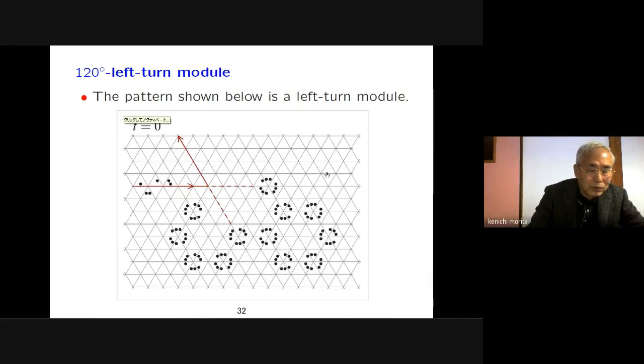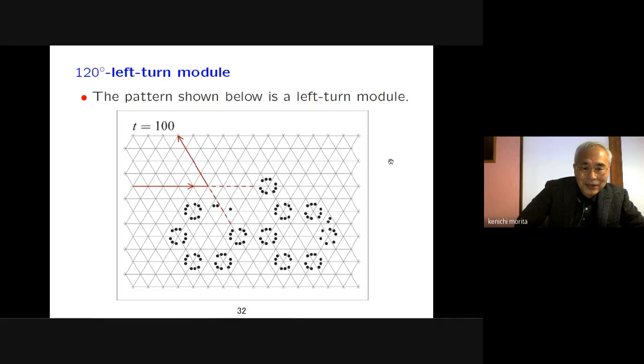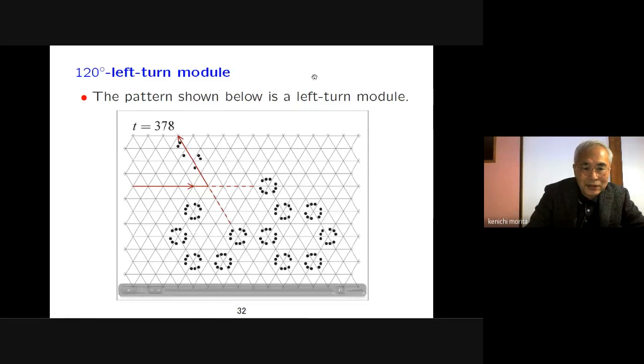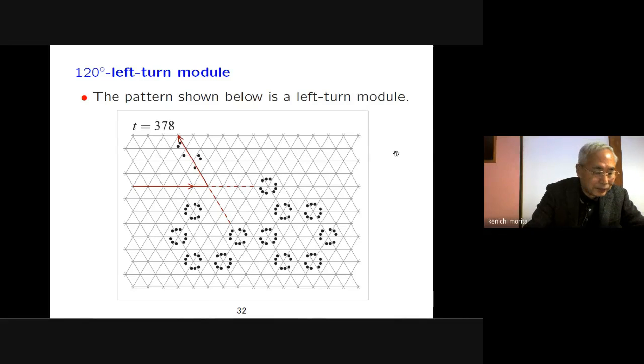Left turn module is a little bit complicated, but anyway, first it is decomposed into 2 parts and reconstructed, and left turn is realized.